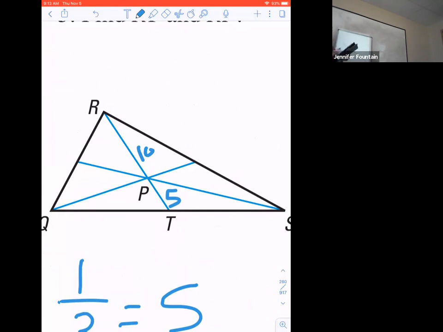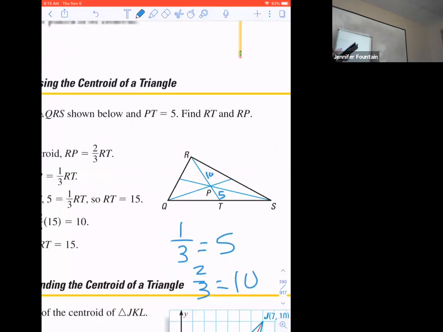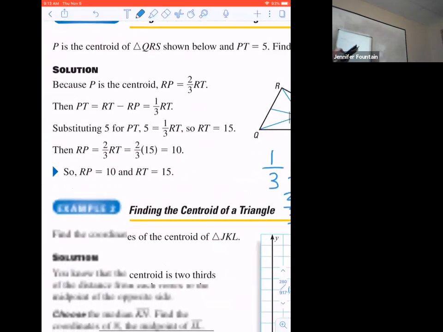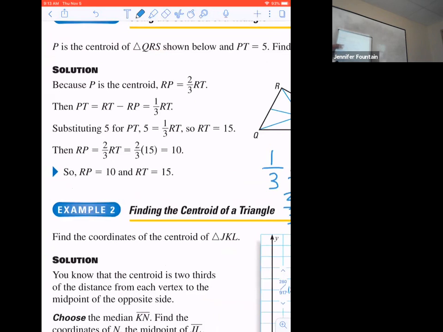Okay. So it says because PT equals RT minus RP, and I know that PT is going to be 1/3 of my whole line, I can substitute 5 for PT, so 5 equals 1/3 of line RT.